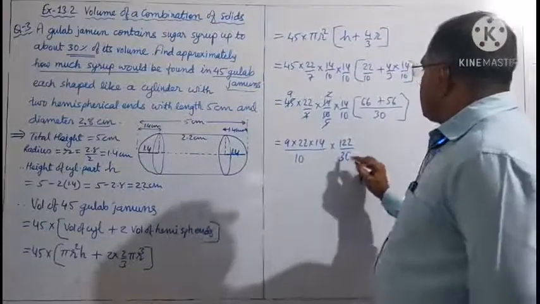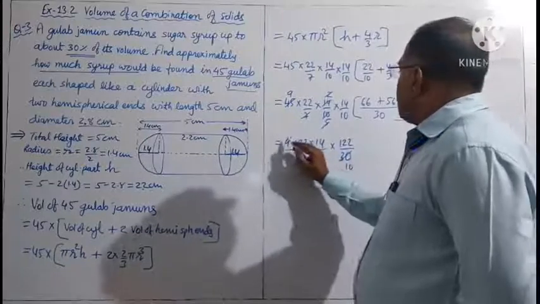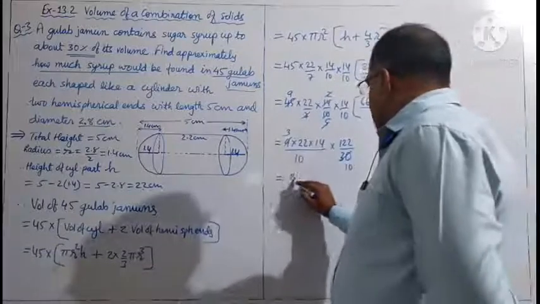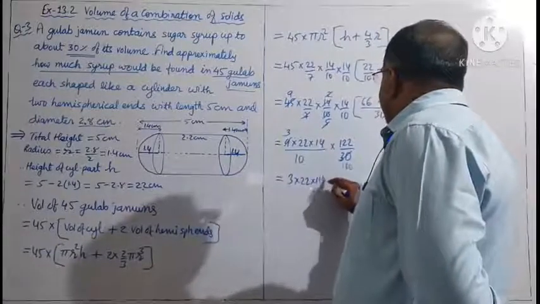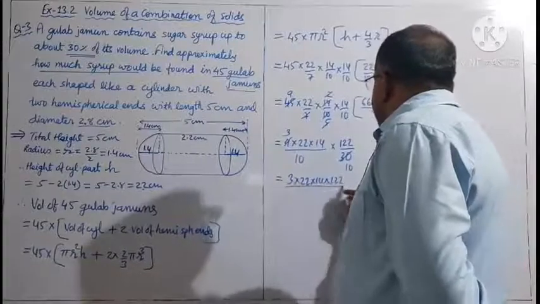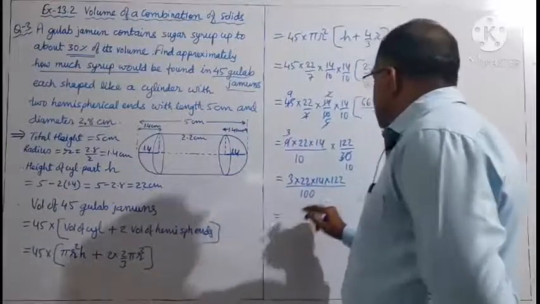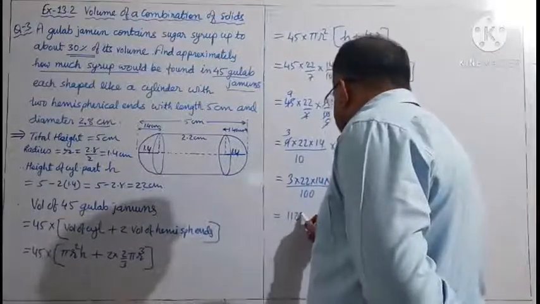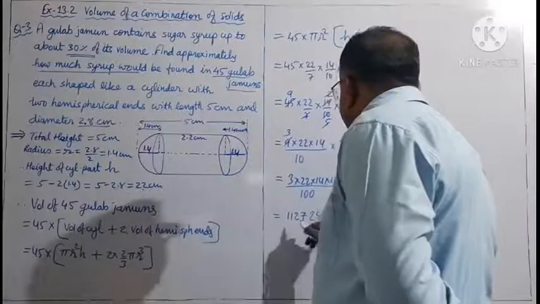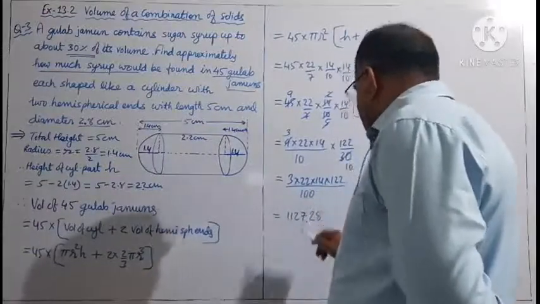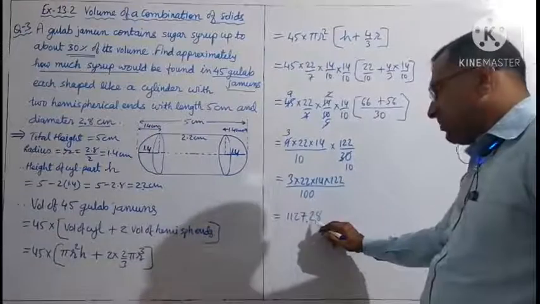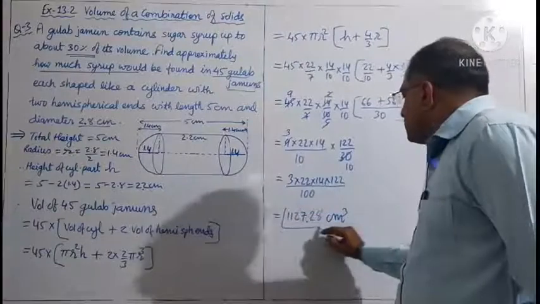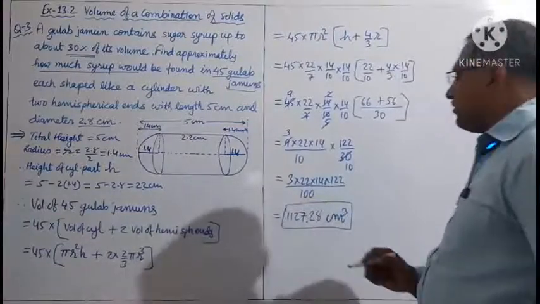So cut the common ones. Here 3 tens are 30, so we will get 3 multiplied by 22 multiplied by 14 multiplied by 122 divided by 100. When we multiply them, we get 112728 divided by 100, and therefore with two decimal places, 1127.28 centimeter cube. This is the volume of 45 gulab jamuns.